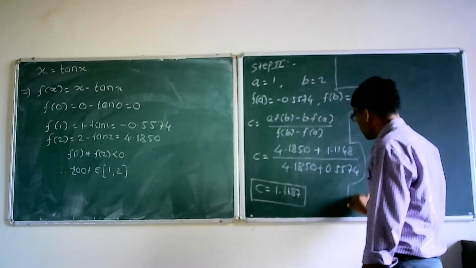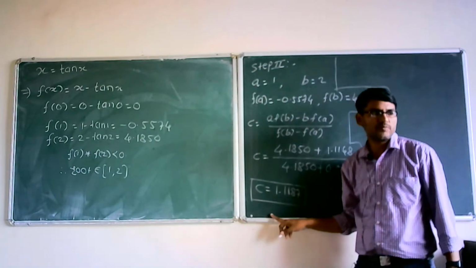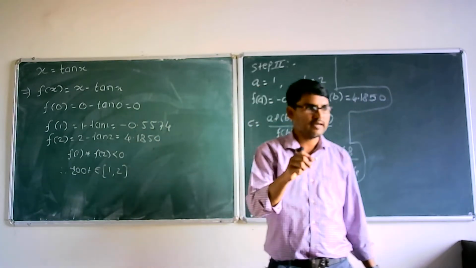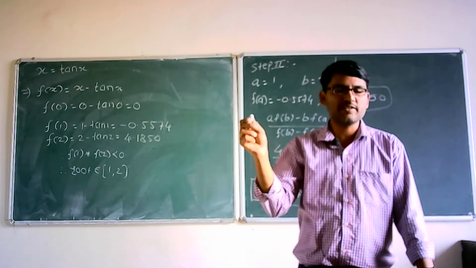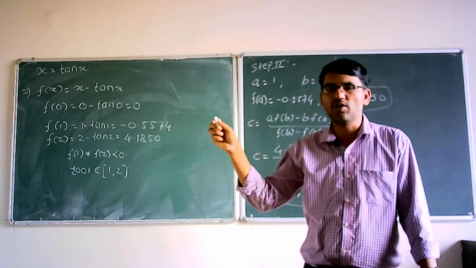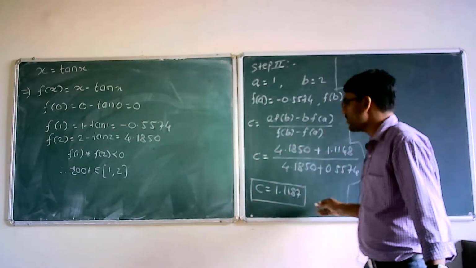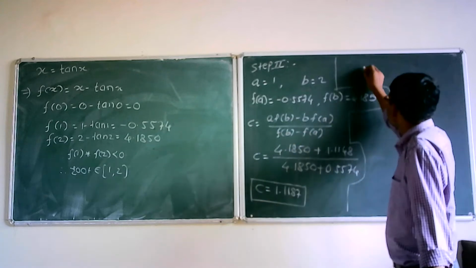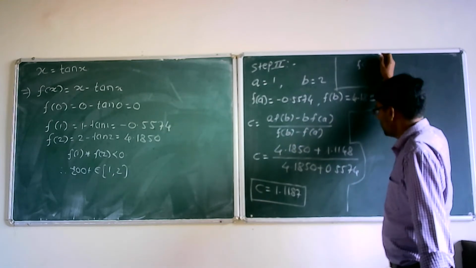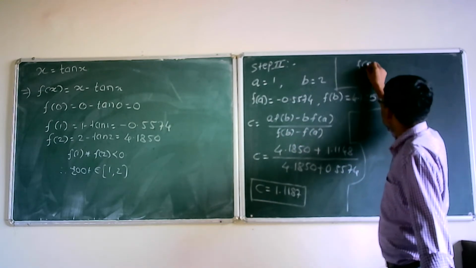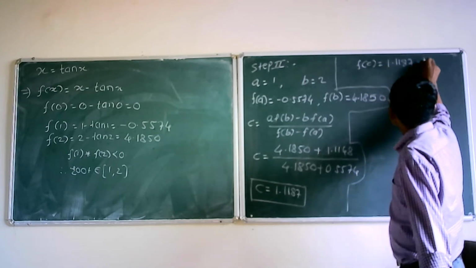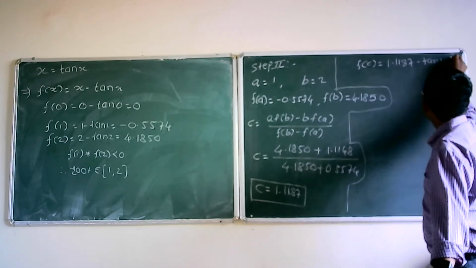We can say c is our root if f of x is equal to 0 or is correct up to 3 decimal places, that is if you obtain 0.000, or, the second condition, if your previous two roots are correct up to 3 decimal places. But since there is only one root, find the sign of f of c. So f of c is equal to 1.1187 minus tan of 1.1187.